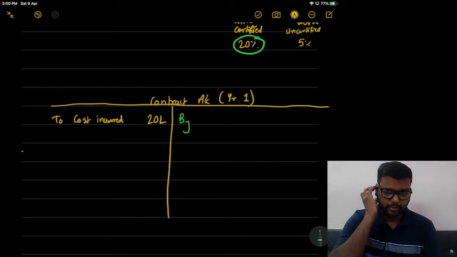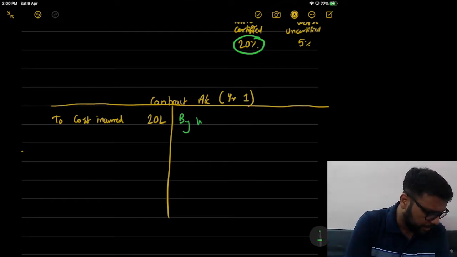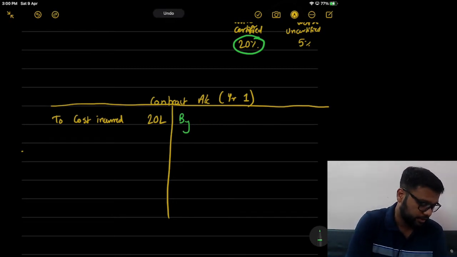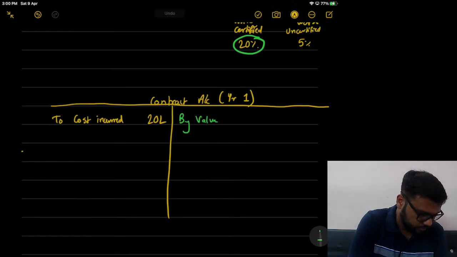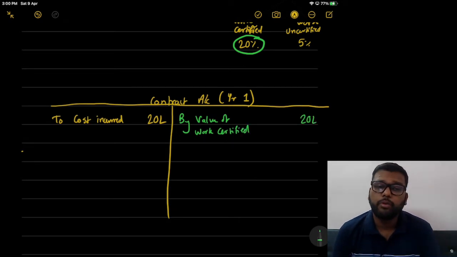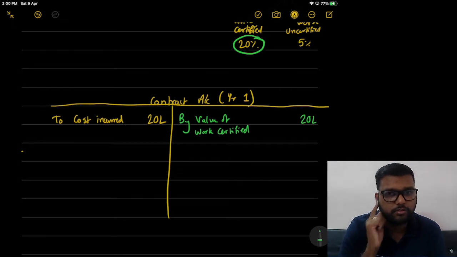We write by work certified. I'll tell you what to do with this, but for now I write by value of work certified, which is 20 lakhs. But then profit is coming to be zero. What to do then?